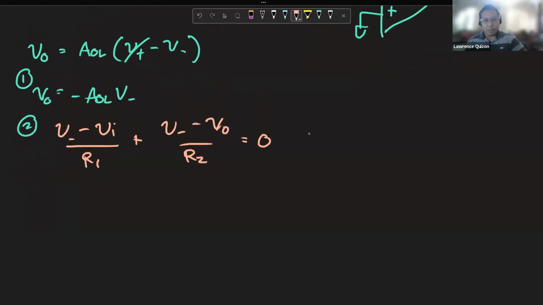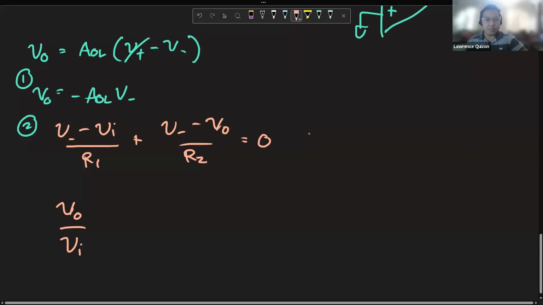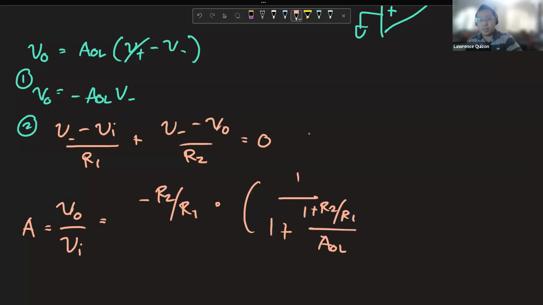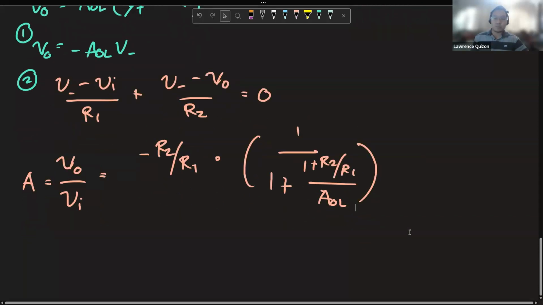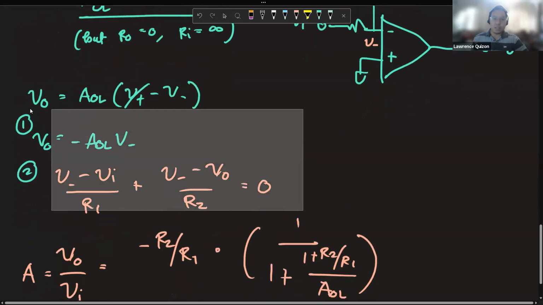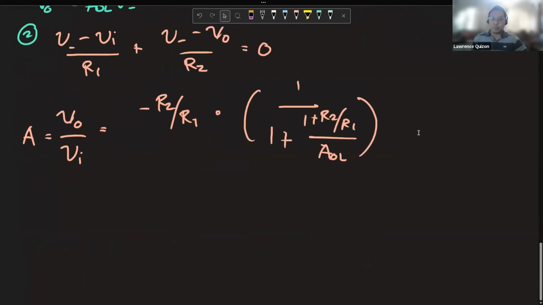Let's just skip the algebra. But what you would get is V out over V in, which is your actual gain, becomes scaled. You have R2 over R1 up here, your original gain, times 1 over 1 plus R2 over R1 times the open loop gain. This is what you'll get from solving these systems of equations.